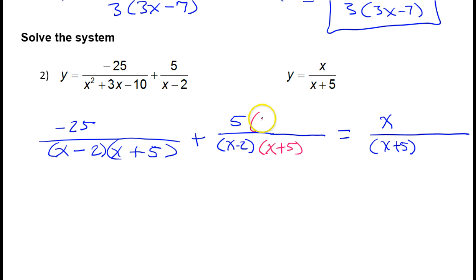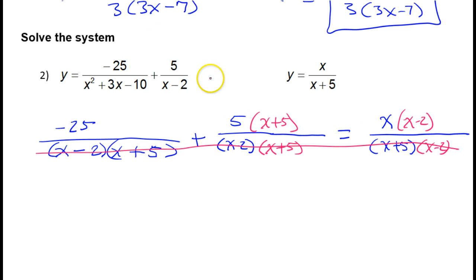Got to do it in the top and the bottom. Now this fraction, it needs the x minus 2. So I'll do x minus 2 in the top and the bottom. Okay, once the denominators are all the same, you can cancel them out. So I'm going to cancel out all the denominators.